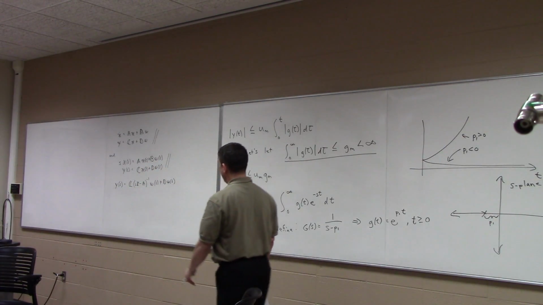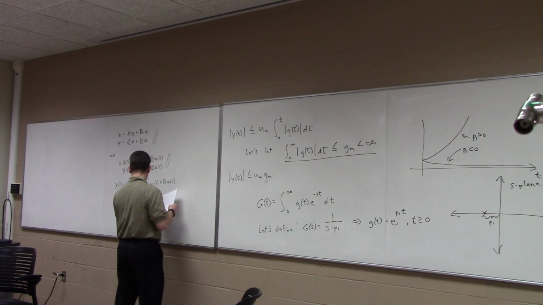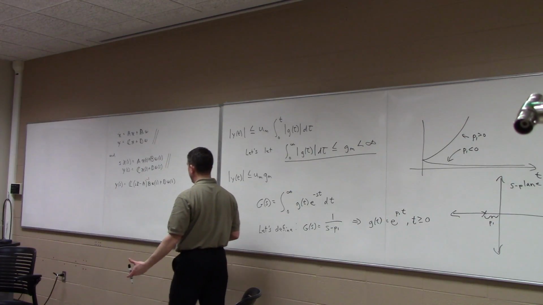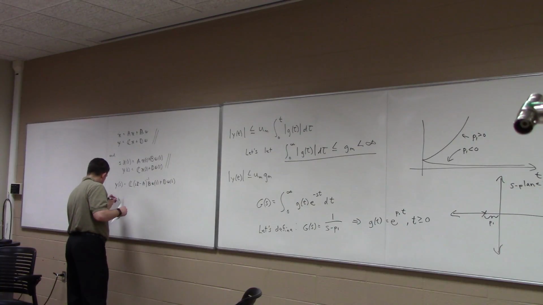And I get that. I missed the B somewhere. And then if I divide by my input U, I get my transfer function G, or transfer matrix G.